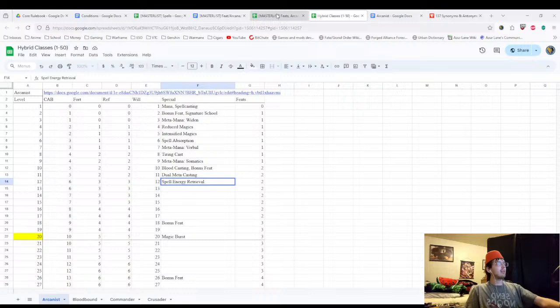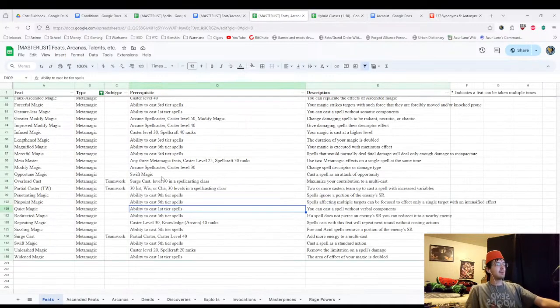Okay, now let's see, level 13. Let's go ahead and give him another meta thing. No, that's later. I have an idea for later.